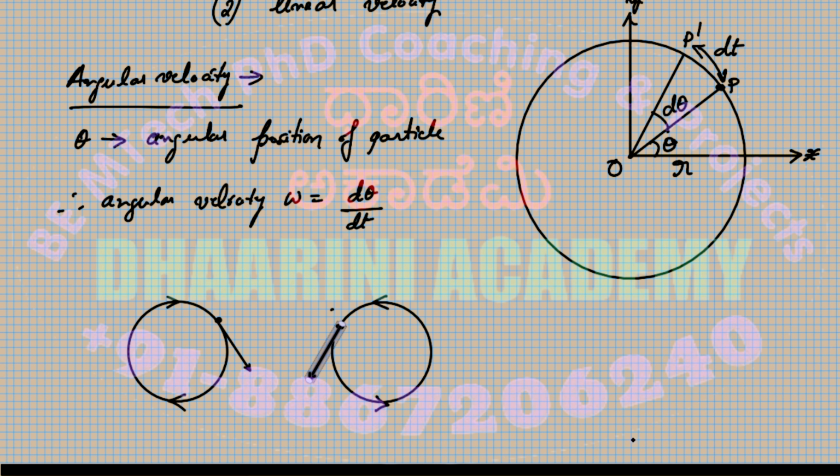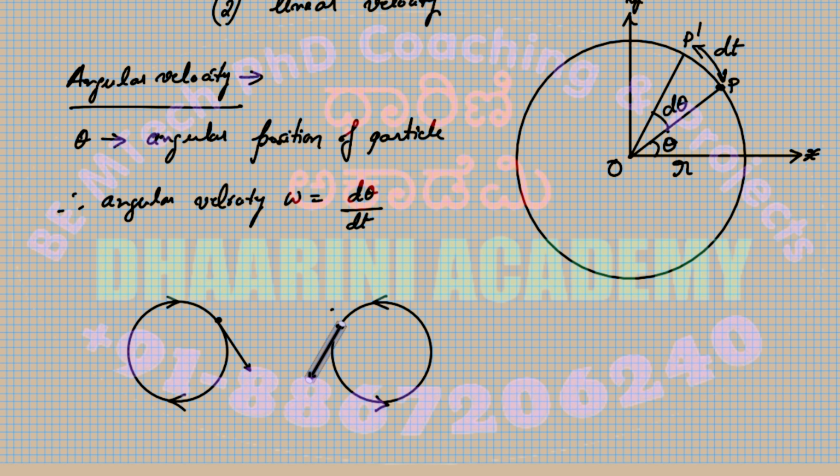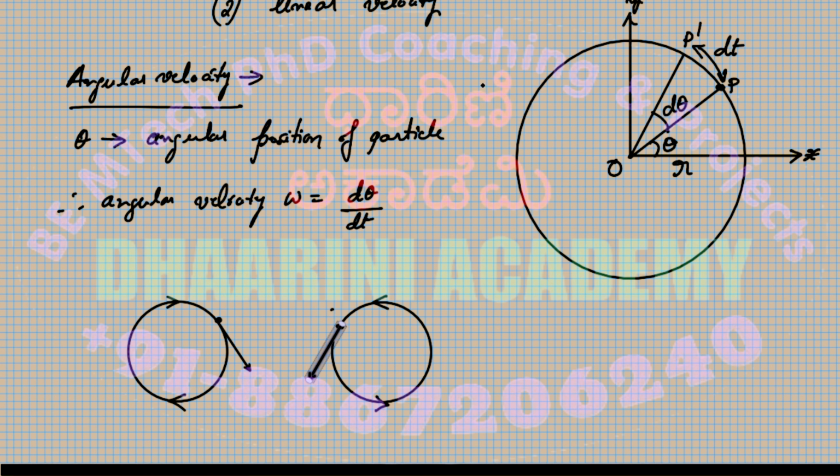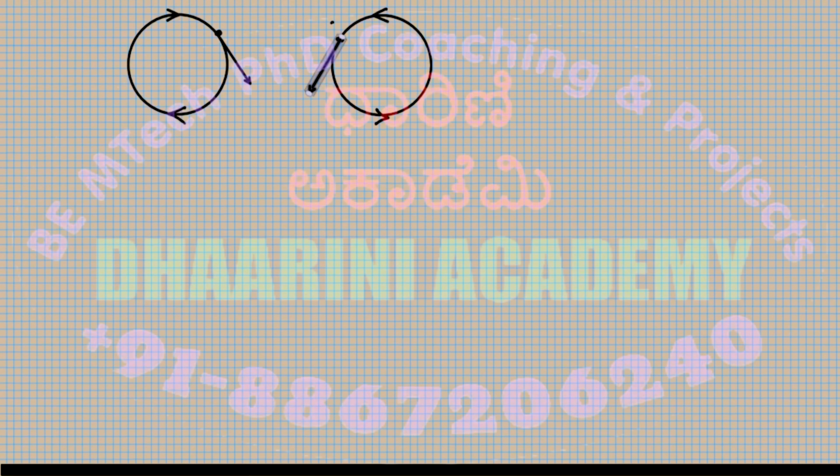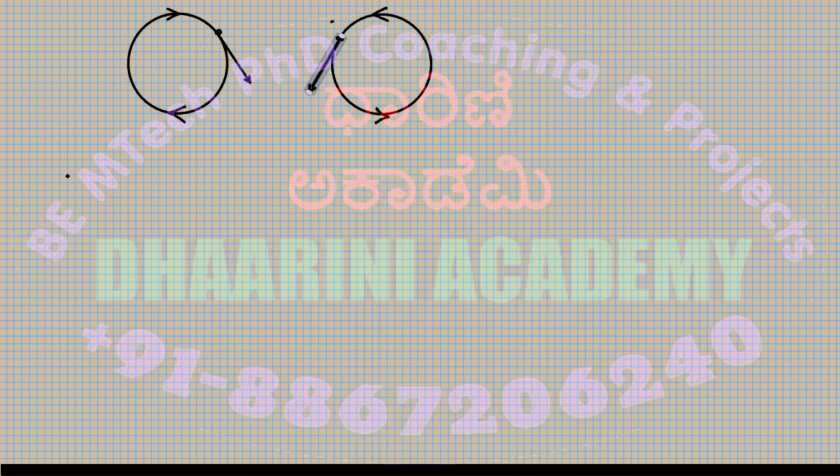Okay, now that's a concept related to the angular velocity. Next, let's move to the normal velocity, which is the linear velocity. Linear velocity we have already defined, so let's just write an equation.